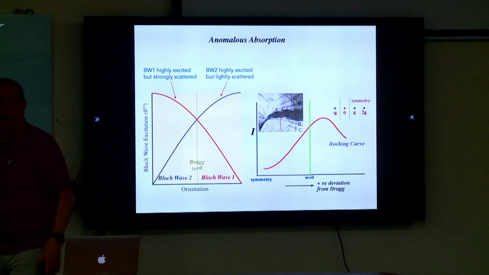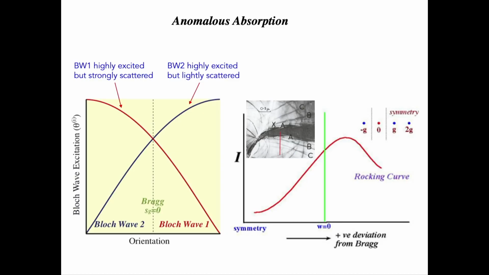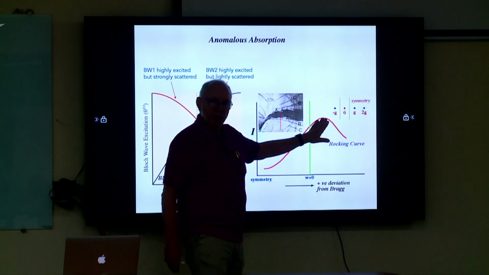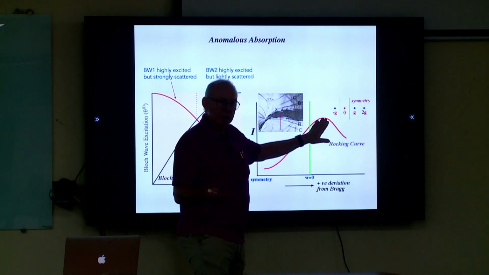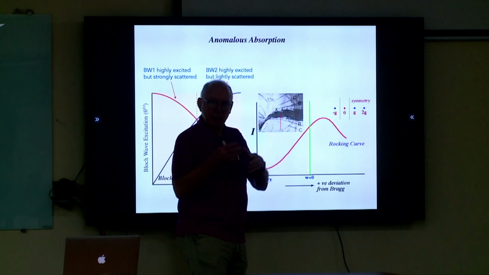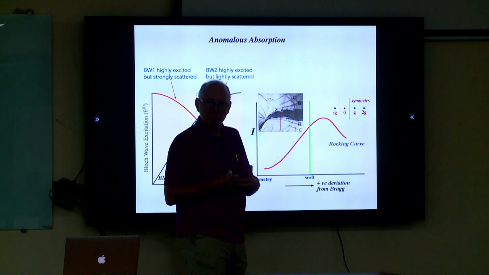Now, none of that you got from the kinematical theory. And this is something that's really important for us when we're using the microscope. Because if we want to see a defect, as Nestor showed, if we go positive of Bragg, we get a very bright background. And so when we scatter, we'll have a very large contrast between the scattered thing, which will be our defect, and the surrounding matrix.